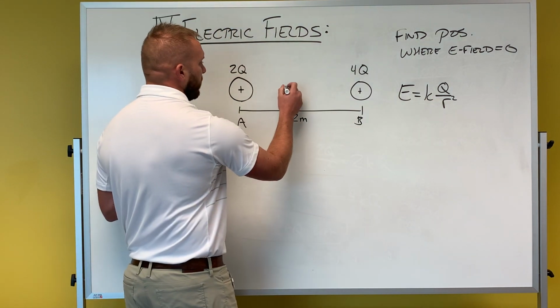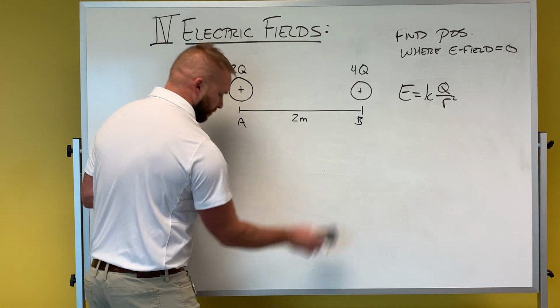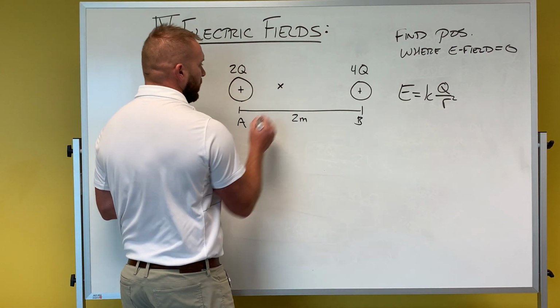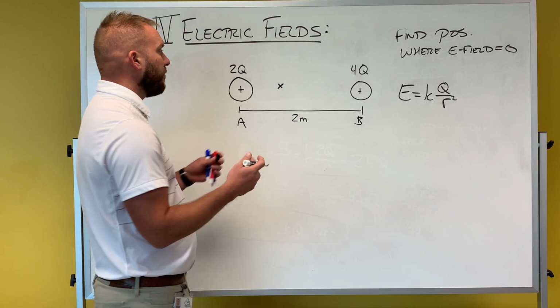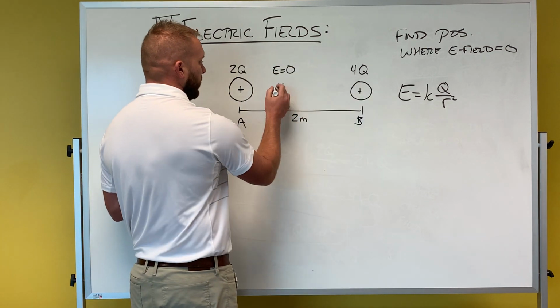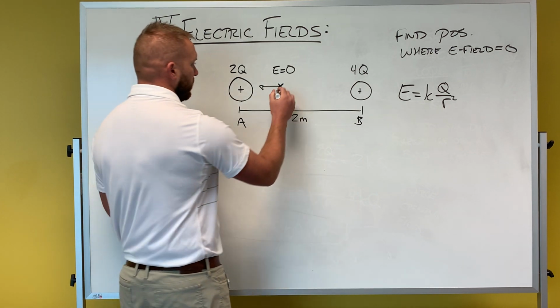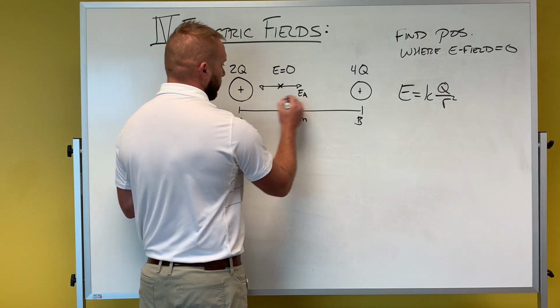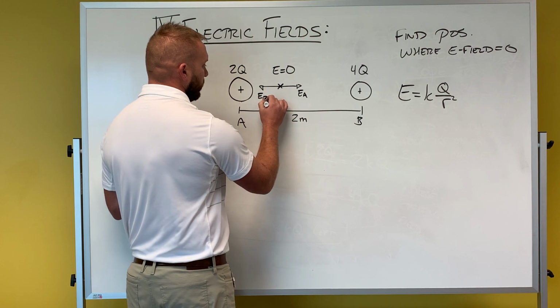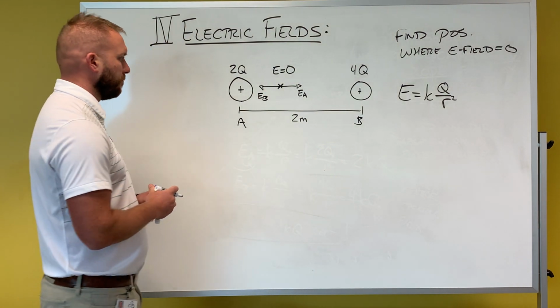So there's going to be some region here, might not be the best way to represent it, but there's some region which is going to have an electric field of 0. That's because the bigger charge, along with the bigger distance, is going to cancel out with the smaller charge and the smaller distance, where those two are actually going to be the same.